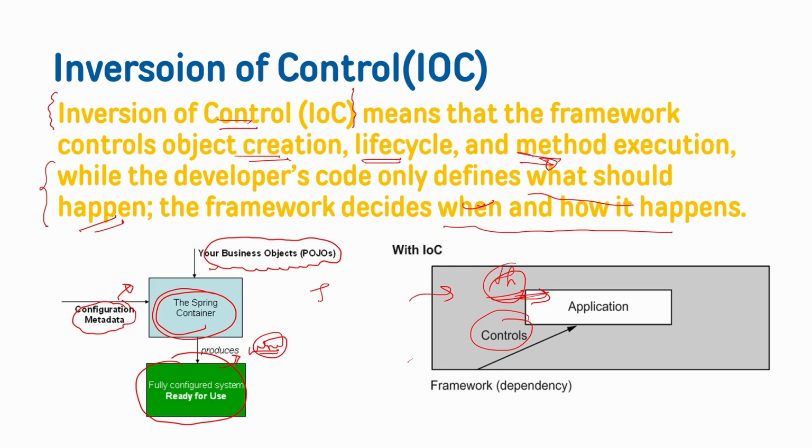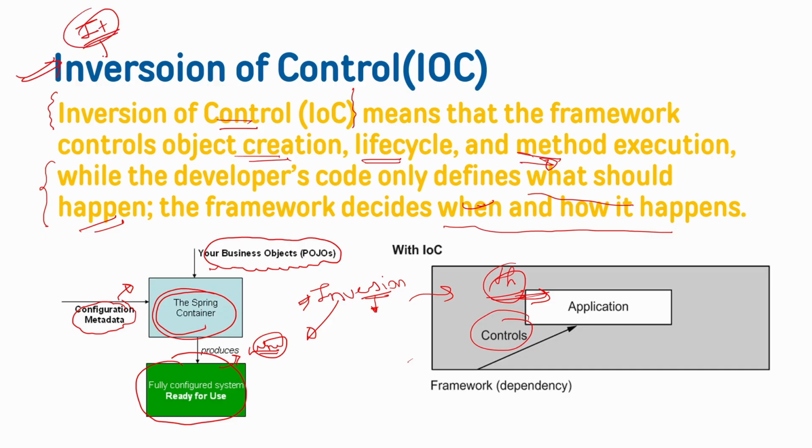If you have not understood it, you will understand it by the end, in the upcoming lectures. But keep in mind that inversion means reversing, and control means control of object creation or calling the method. We are giving this control to our framework. Our code only defines what it should do, and when and how is decided by the framework. So let's see it with an example.